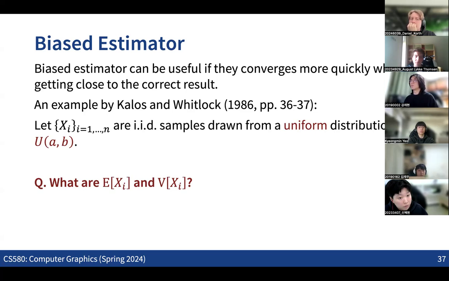We are taking IID samples from a uniform distribution over the range from a to b.